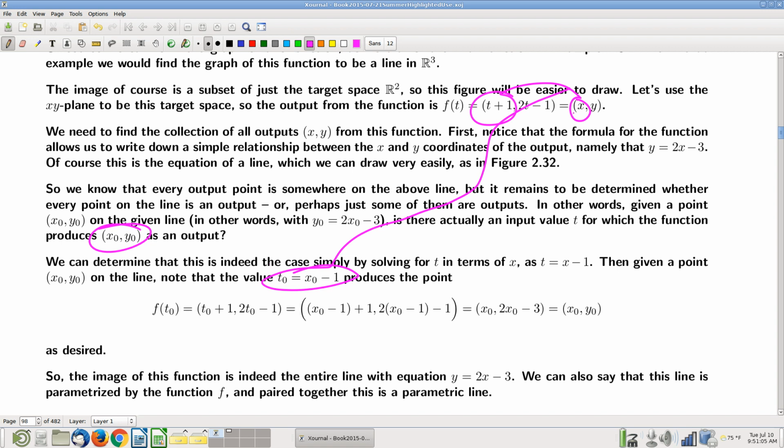And if you take this value of t and plug it into that function, sure enough, the point in question comes out. So any point that satisfies this equation, any point on this line, definitely is an output from this function because there's the value of t that does it. Okay. So anyway, this is usually not a worry. I just wanted to point out that this is a worry that can be dealt with, and that's how you deal with it.